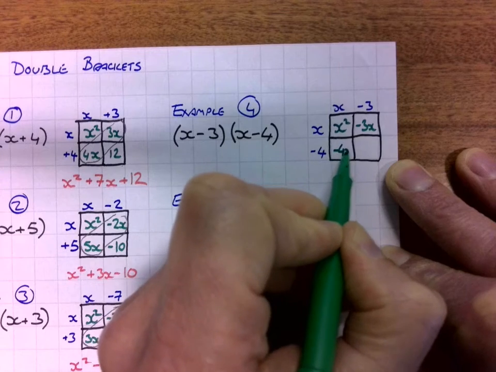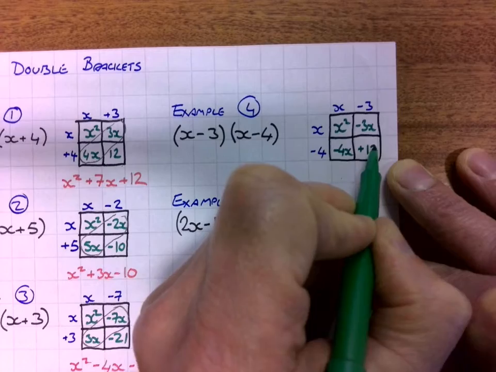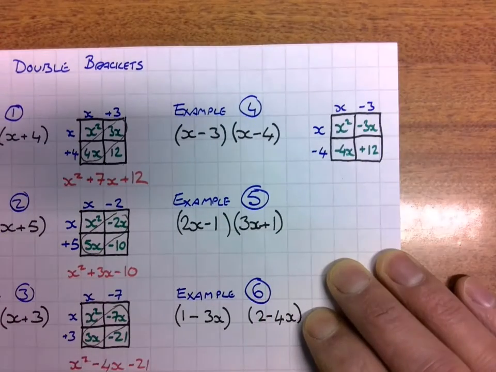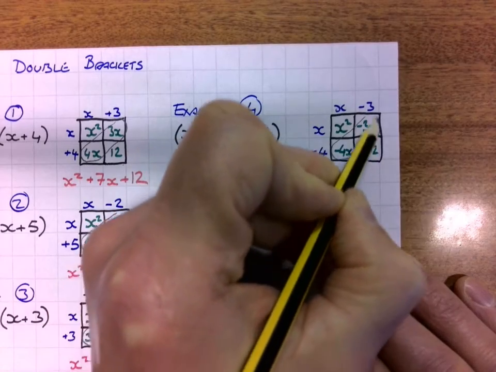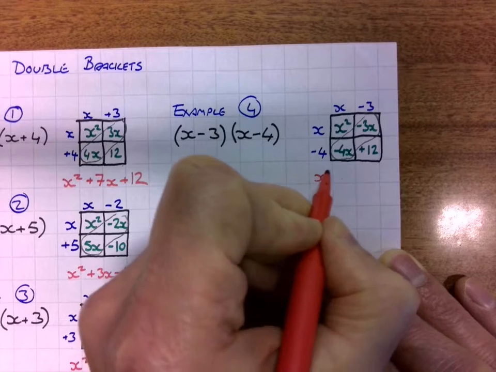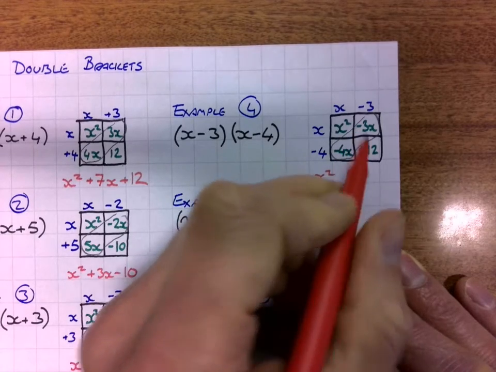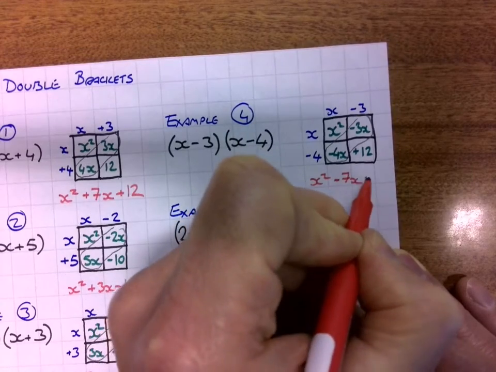Minus 4x. Minus 3 times minus 4 is positive 12. So we collect our like terms, we put the sock around things we can bring together, and we collect them up. So I've got an x squared, minus 4x's and minus 3x's is minus 7x's, and a positive 12.